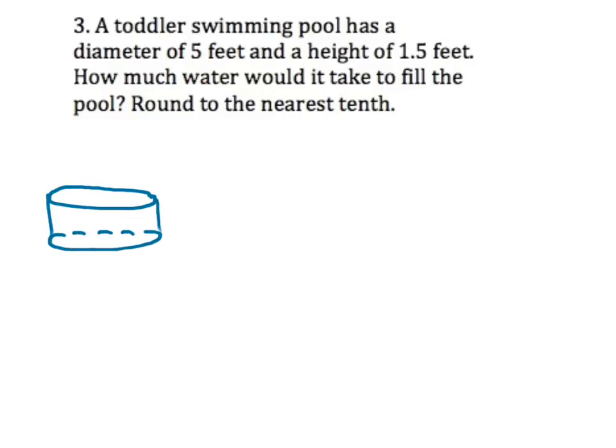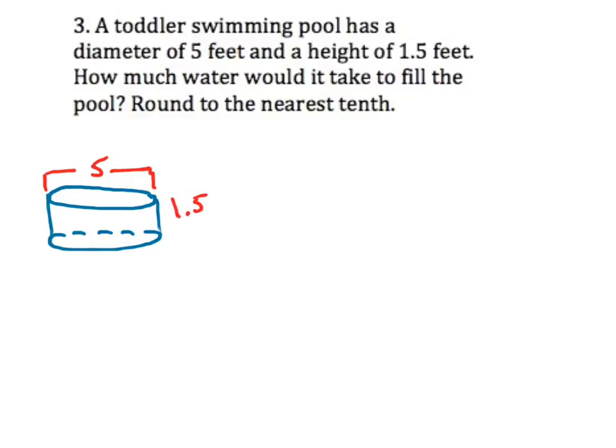Same basic shape. All right, and so let's see, what information does it give us? It gives us a diameter of 5 feet. So I'm going to draw that. That's 5 feet from one side to the other, diameter, right? And a height of 1.5 feet. And are we ready to go? Well, what's our formula?